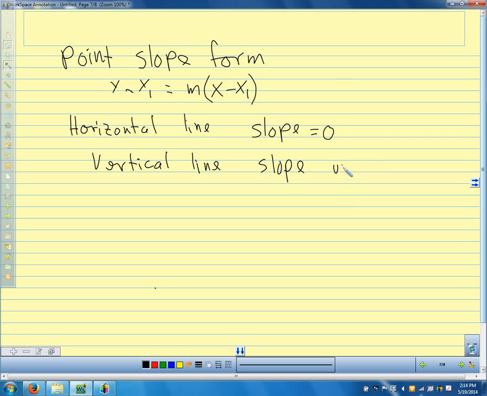Undefined. So there's a problem that says find all the points where the tangent line is horizontal. You're looking for where the slope is 0. I don't think any ask you for the vertical tangent line, but that would be where the slope would be undefined.